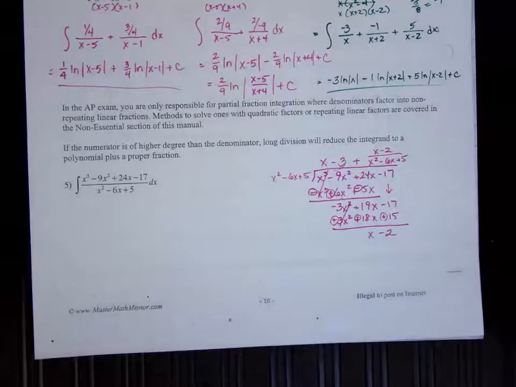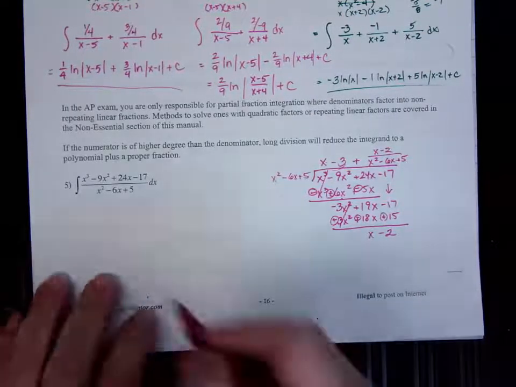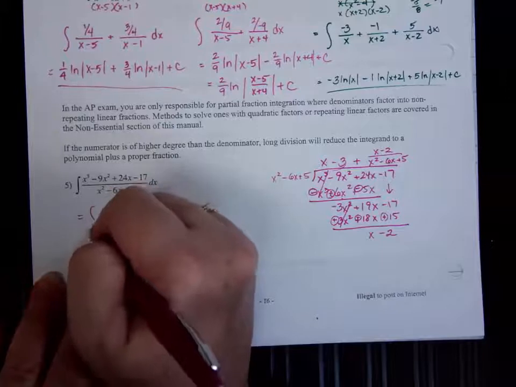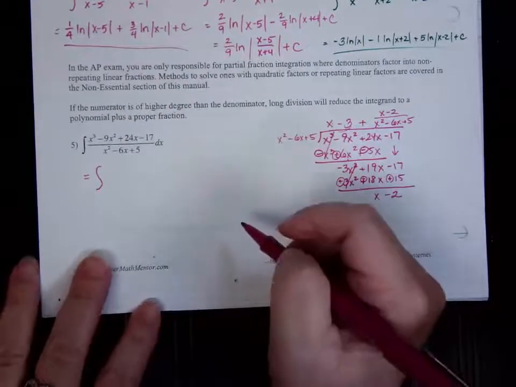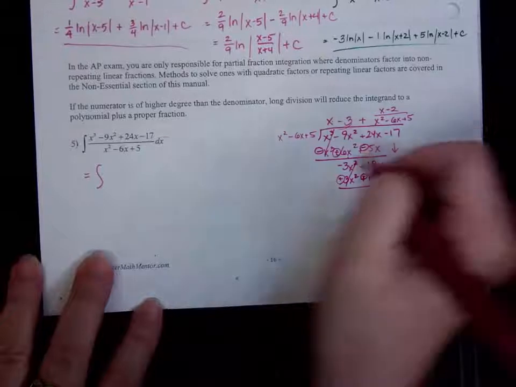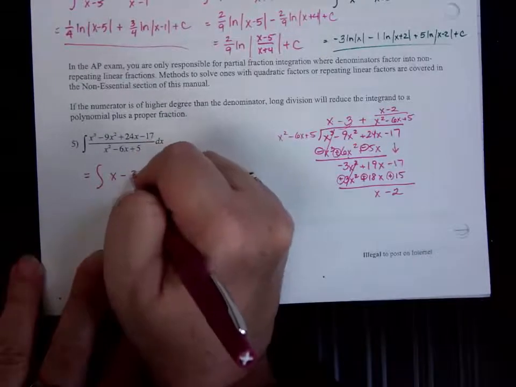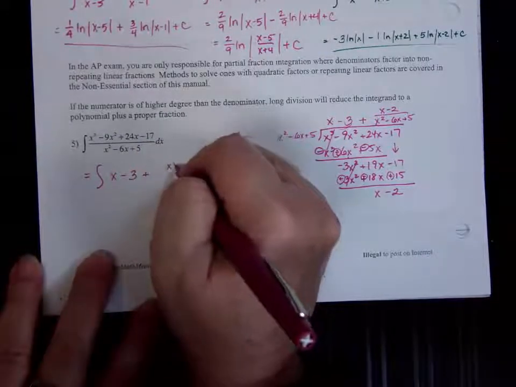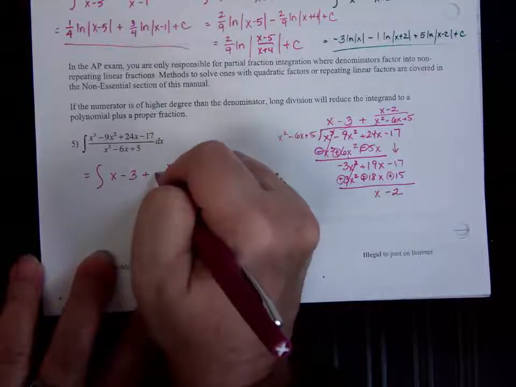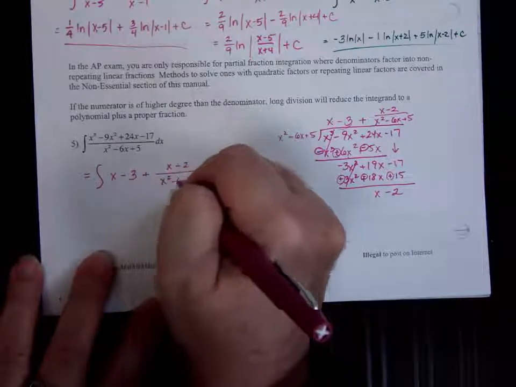So now our problem looks worse, but it's actually better. So copy the answer we just got: the integral of x minus 3 plus x minus 2 over x squared minus 6x plus 5 dx.